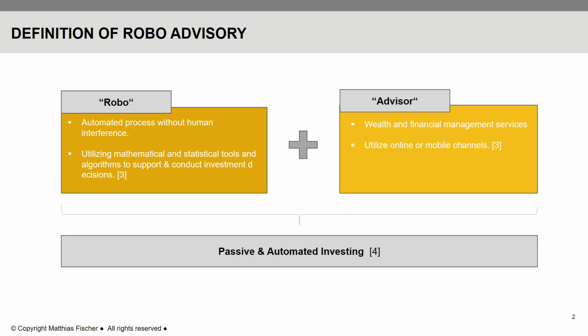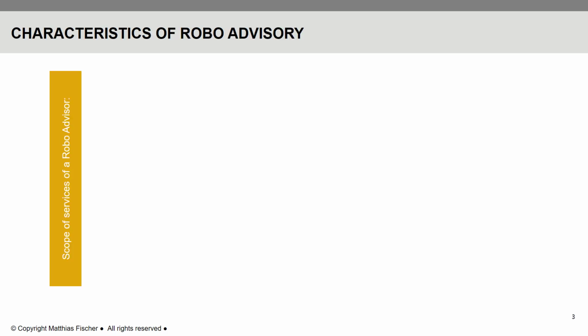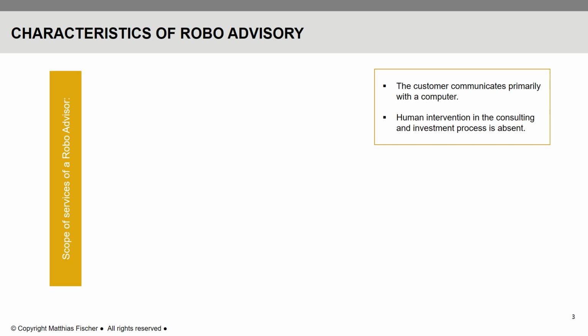In the fintech universe, various definitions and characterizations of robo-advisors with different features are circulating. One possible description for a robo-advisor might be the following. A robo-advisor is mainly characterized by two features. On the one hand, the customer communicates primarily with a computer.